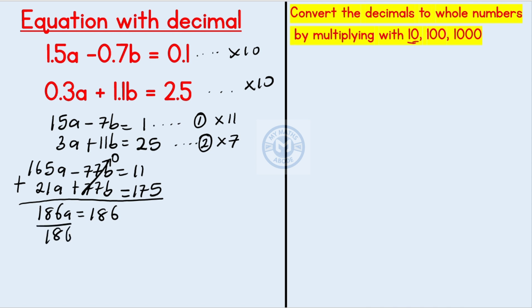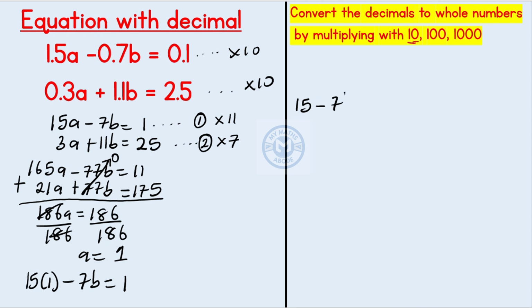Dividing both sides by the coefficient of the unknown, that is 186, my a will be equal to 1. So this will be 15 multiplied by 1 minus 7b is equal to 1. So this will leave me with 15 minus 7b is equal to 1.